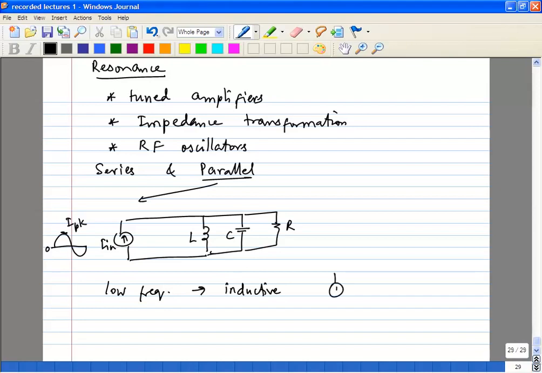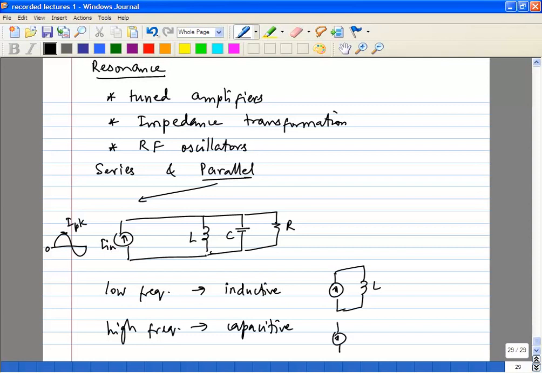At DC it's of course a short circuit, at low frequencies the inductor impedance would dominate over the C and R, and capacitance of course would be a very large impedance. So you know it's inductive, and you know at very high frequencies it's capacitive.